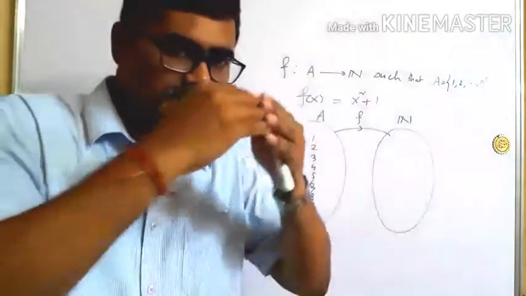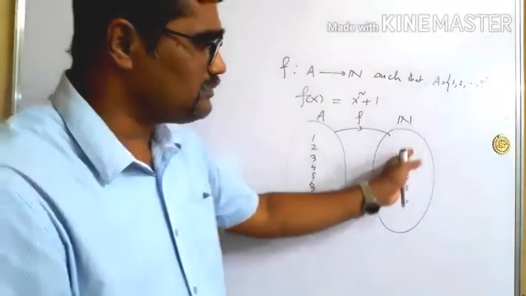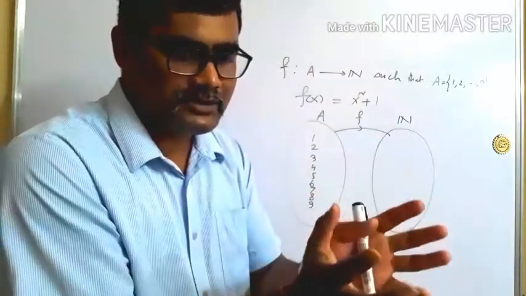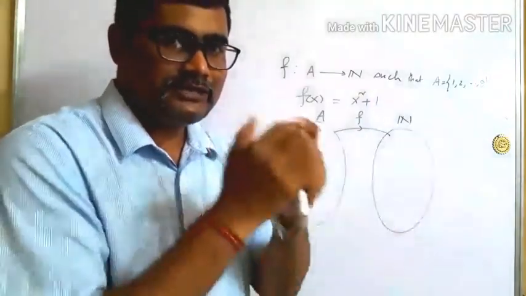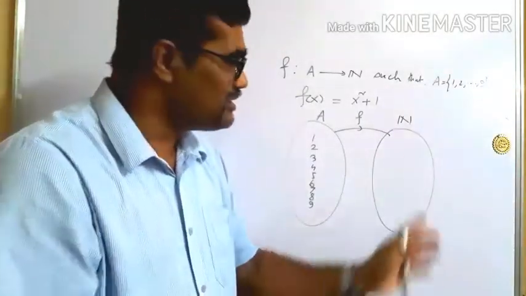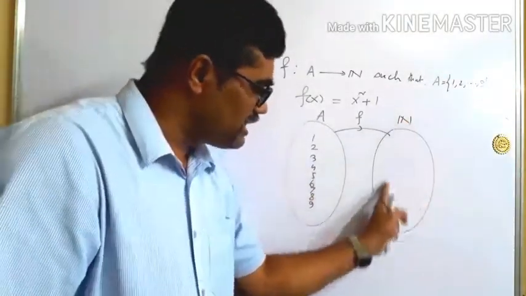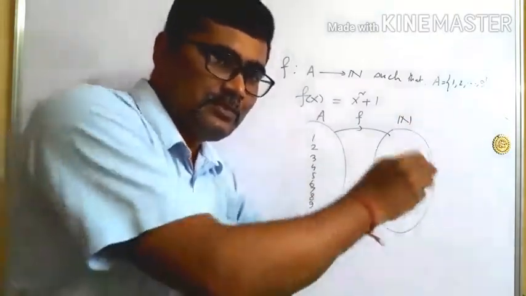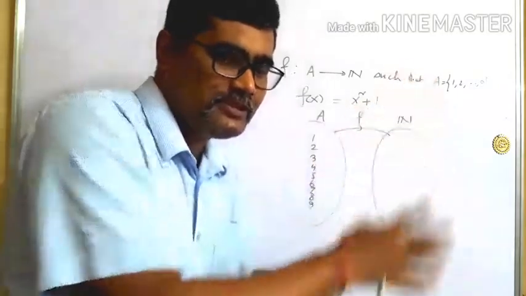And whatever is coming out as the output, I have to keep it here, and that I have to call the range, right? Many other natural numbers may be there, but except those which come out from this, that I need not take for finding the range.